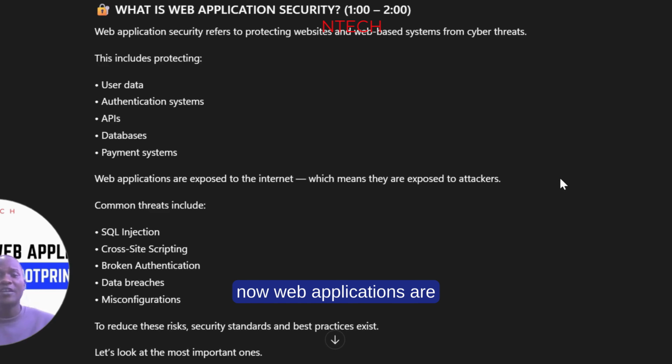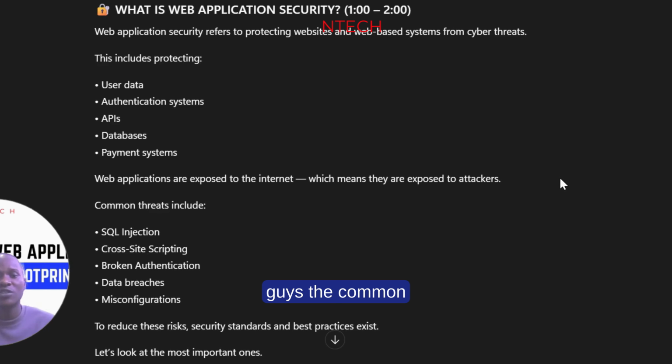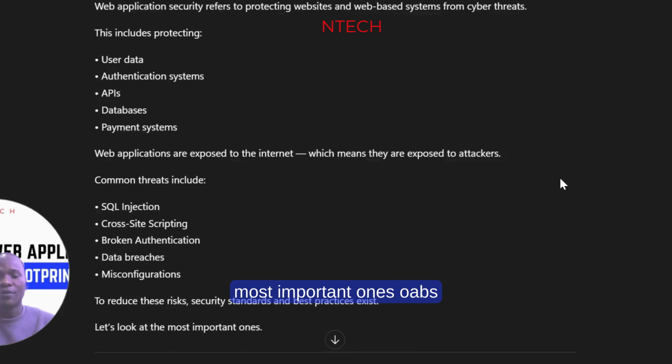Web applications are exposed to the internet, which means they are exposed to attackers, to these bad guys. The common threats include SQL injection, cross-site scripting, broken authentication, data breaches, and common misconfigurations. To reduce these risks, security standards and best practices exist. Let's look at the most important ones.